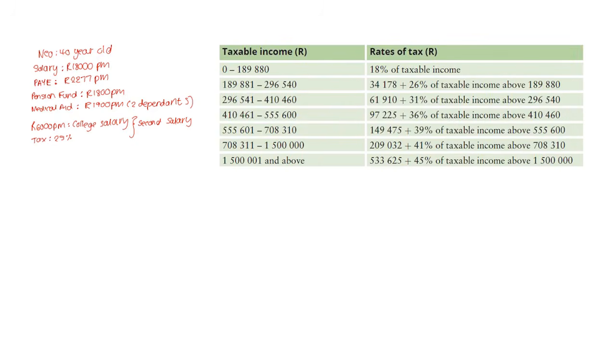Step 4 requires us to calculate the tax payable. In order to calculate the tax, we need to look at the tax tables in order to see in which bracket Neo falls within. Remember that Neo's taxable income was calculated to be 266,400 Rand.